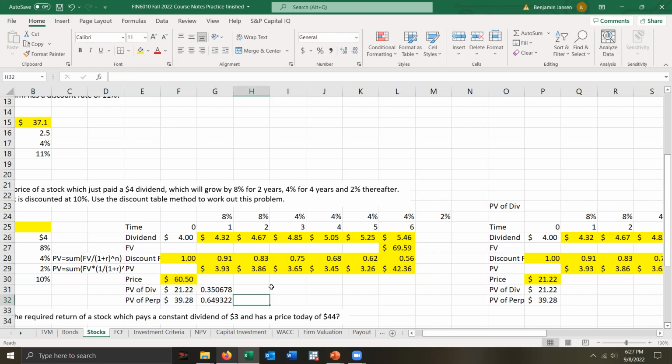And conversely, 65% is coming from the value of that perpetuity indefinitely. We do have the most dividend growth rate early on in this cash flow table, but most of the value of assets, if they're growing in perpetuity, if you're getting cash flows projected indefinitely, is going to tend to come from that perpetuity stream.